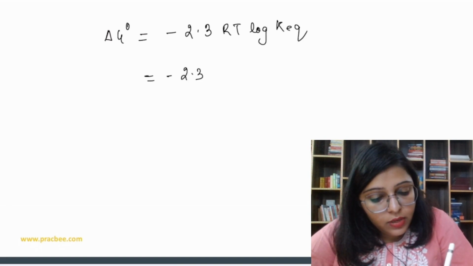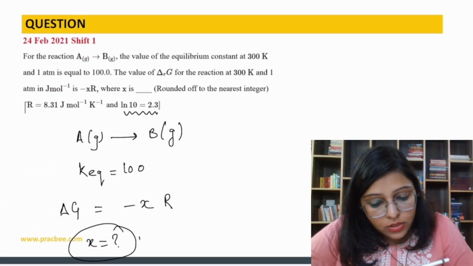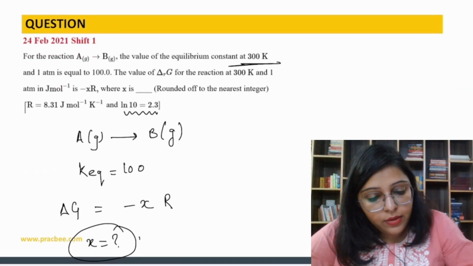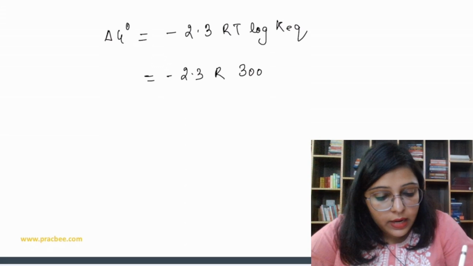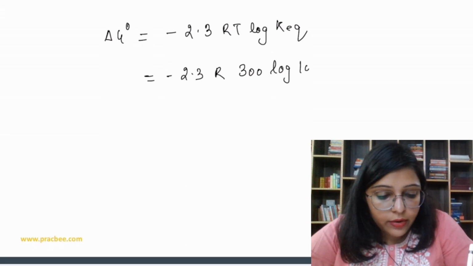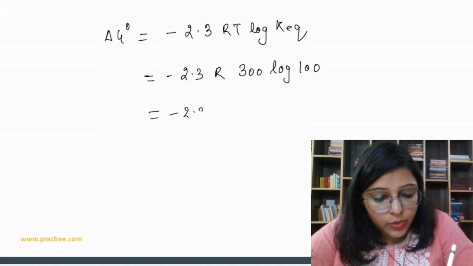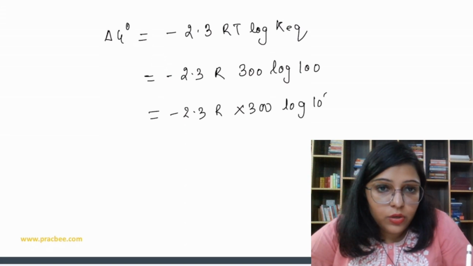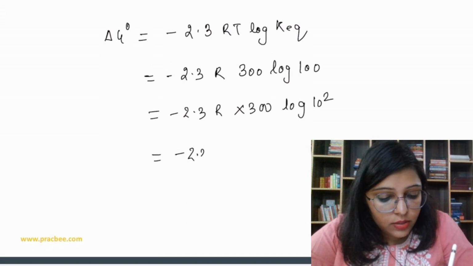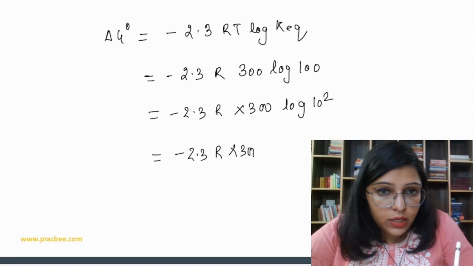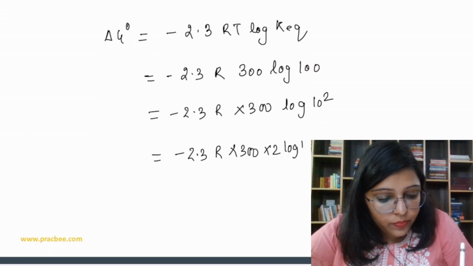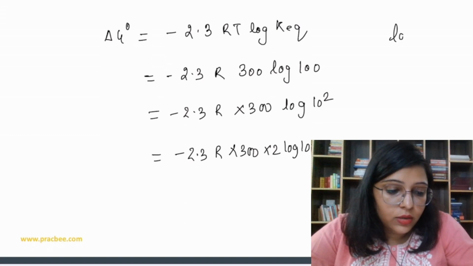So minus 2.3 R, temperature is 300 Kelvin and log 100. Log 100 we can write as 2.3 R into 300 into log 10 to the power 2, which we can write as 300 into 2 log 10, and log 10 is equal to 1.